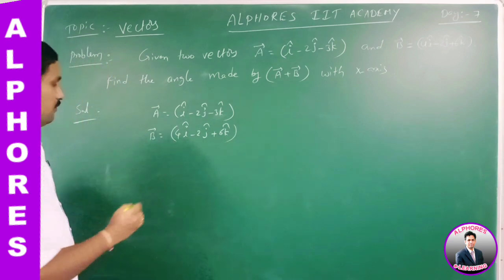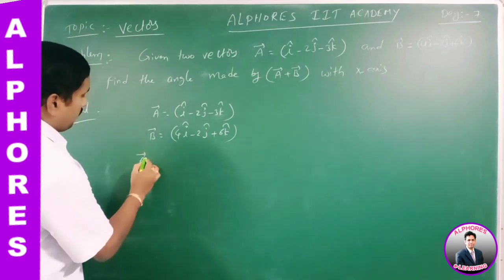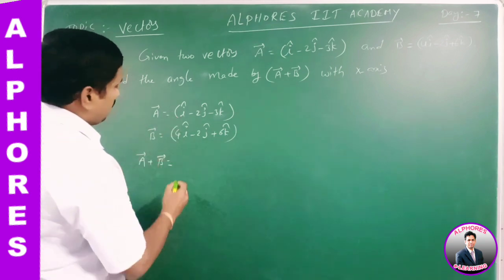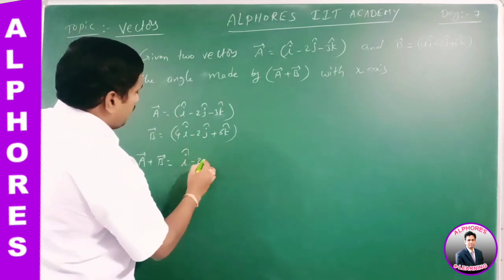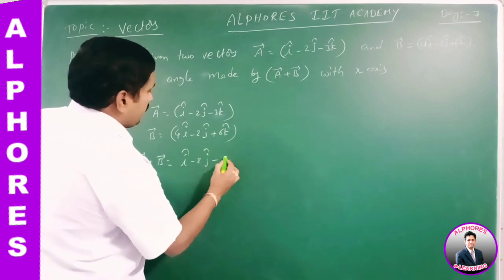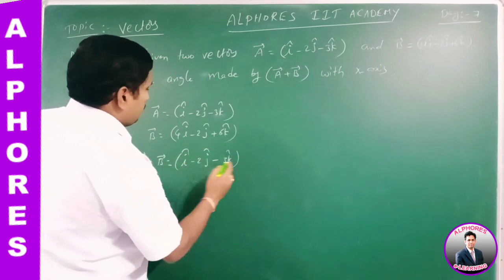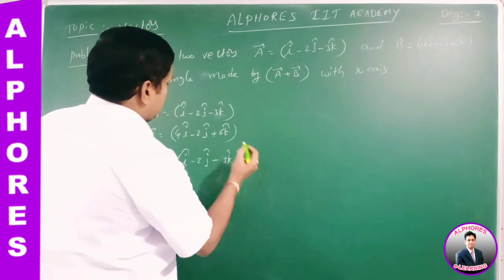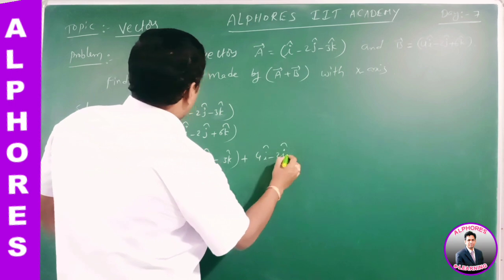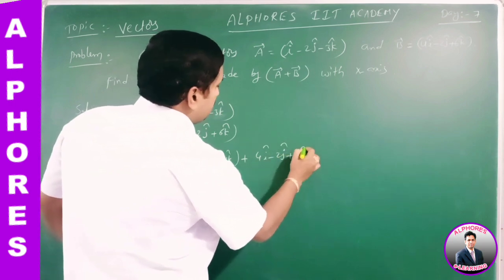Now what I am finding is a bar plus b bar, so by adding these two vectors, how much is it?